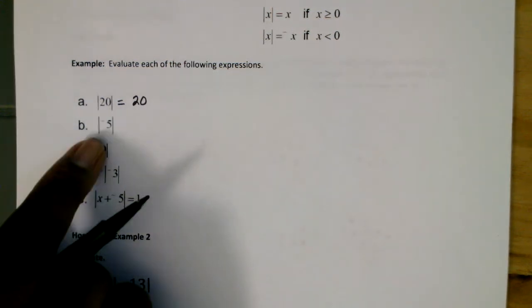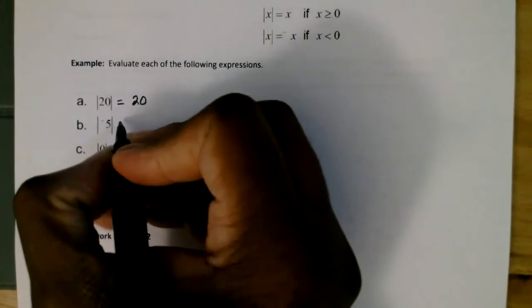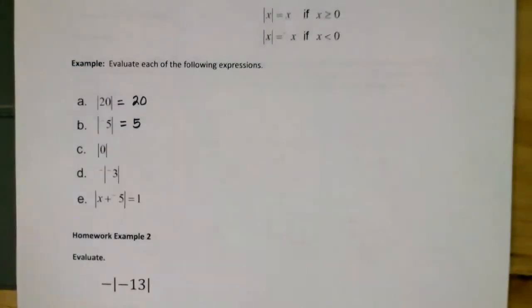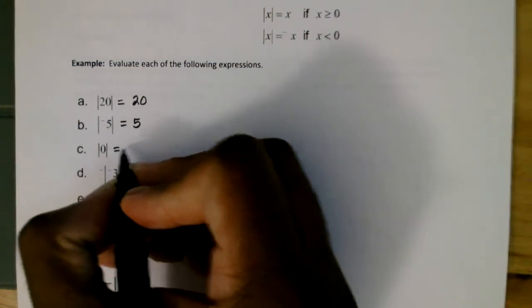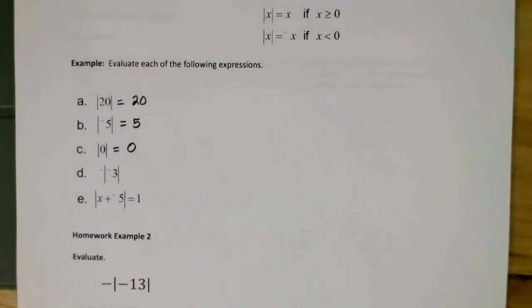And then the absolute value of negative 5, that's simply going to be 5, because negative 5 is 5 units to the left of 0. And of course, the absolute value of 0 is 0. It's always going to be the case.